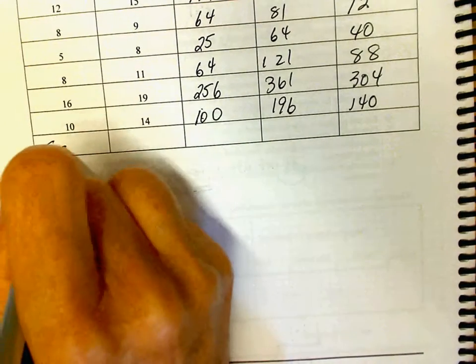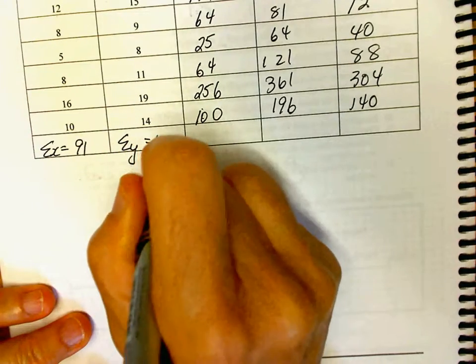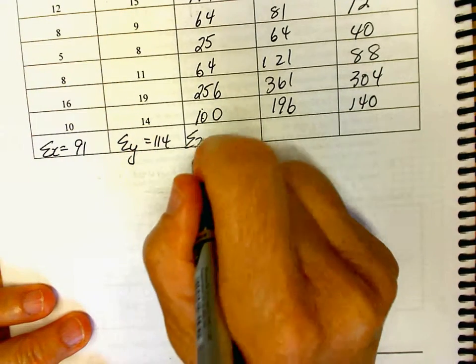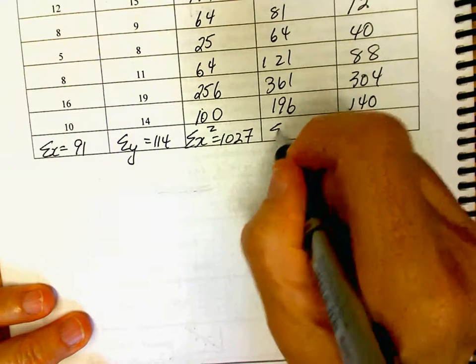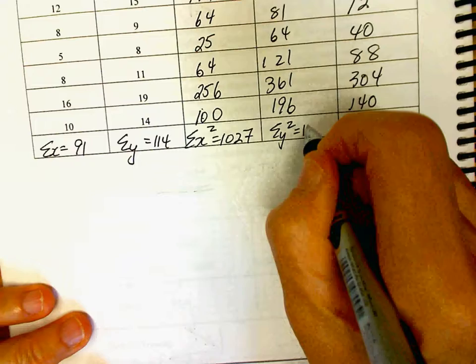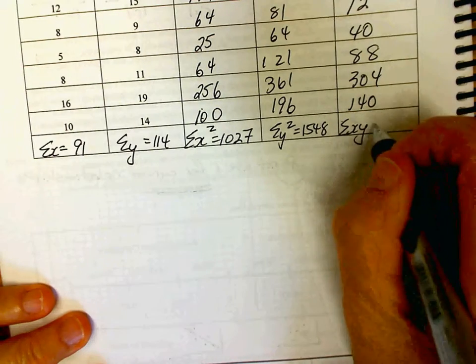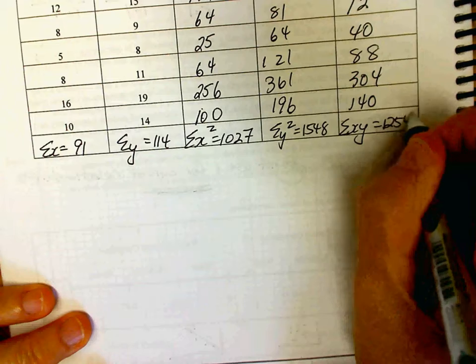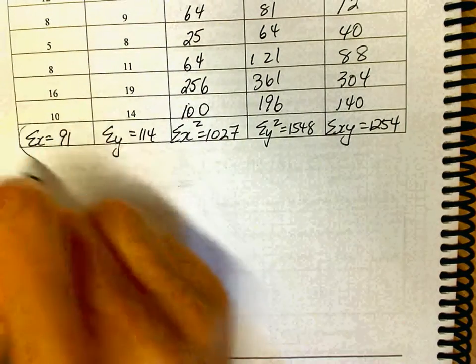Sum of y equals 114. Sum of x squared equals 1027. Sum of y squared equals 1548. And sum of xy equals 1254. So these are the sums we need in order to do this calculation.